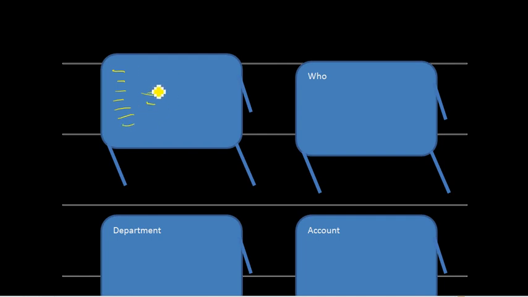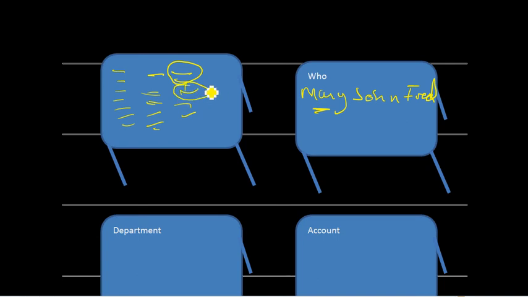Okay, and the first thing we'll do is we'll pick up the first card and we'll look at the card. And if it has a who on it, we come over here and we sort it by Mary and John and Fred. We pick up the first card and we put it with Mary's, and we pick up the next card, and it didn't have an employee expense on it.